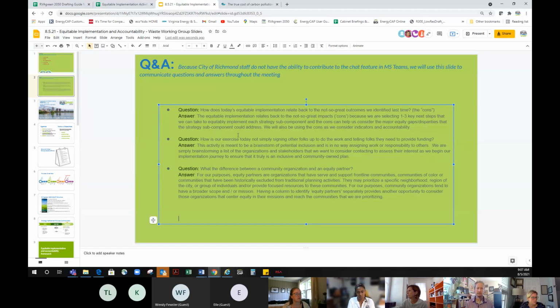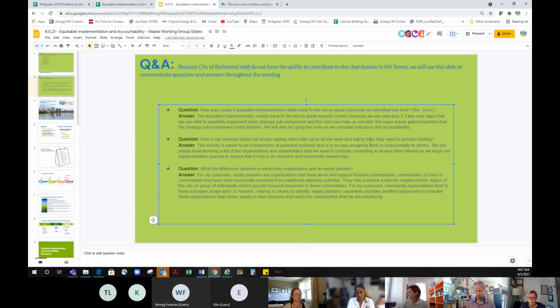The second question was, how is our exercise today not simply signing other folks up to do the work? I think we addressed that pretty well last time. This is really just a brainstorm discussion, trying to think about what other organizations and stakeholders we should consider contacting to assess their interest as we begin our implementation journey.